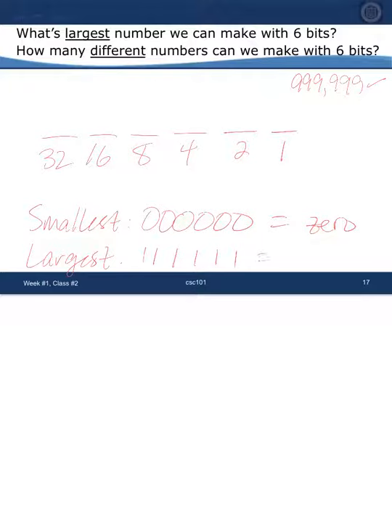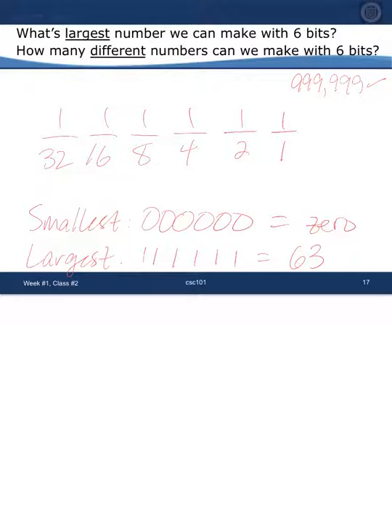And if I put a 1, 1, 1, 1, 1, 1, and I add up, just like I did in the last problem, how much is that number worth? If I add up these numbers, 1 plus 2 plus 4 plus 8 plus 16 plus 32, you can do it on a calculator or off to the side. I'm pretty sure you get the number 63.